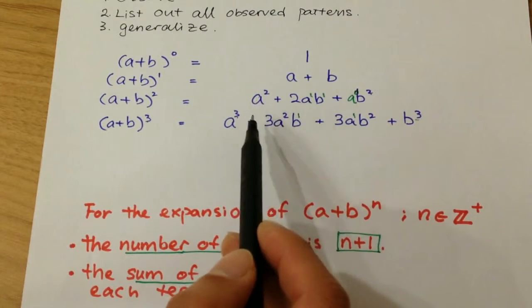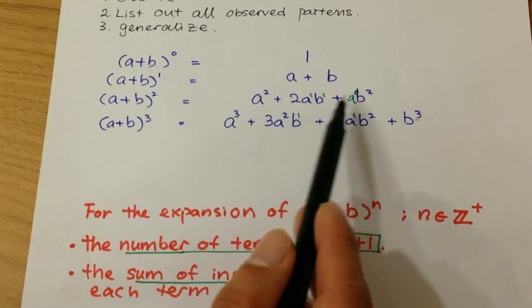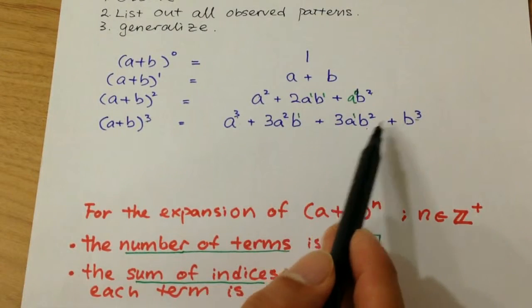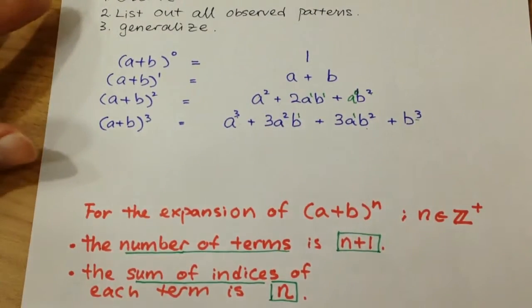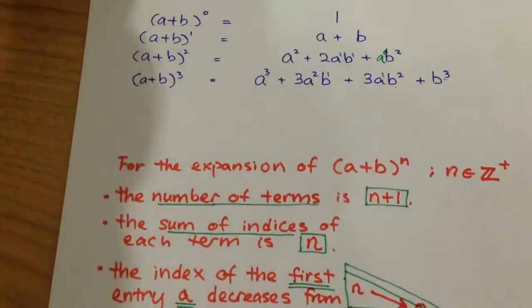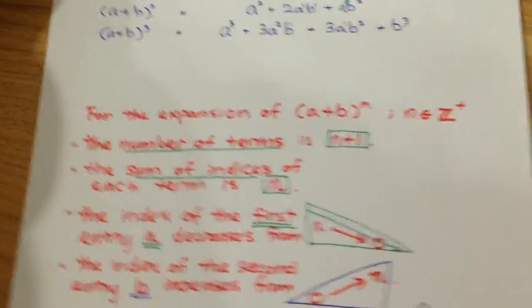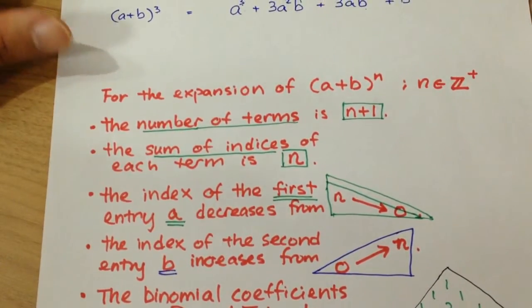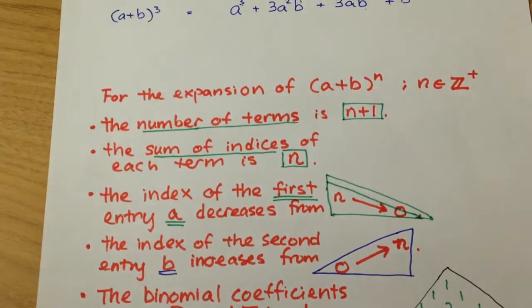Likewise b to the power of 0, b to the power of 1, b to the power of 2, b to the power of 3. Therefore, I can make this conclusion: the index of the first entry, a, decreases from n to 0, whereas the index of the second entry, b, increases from 0 to n.